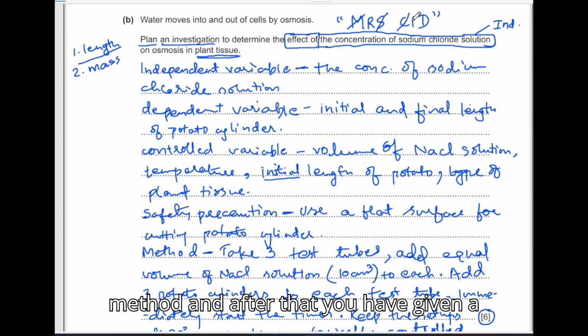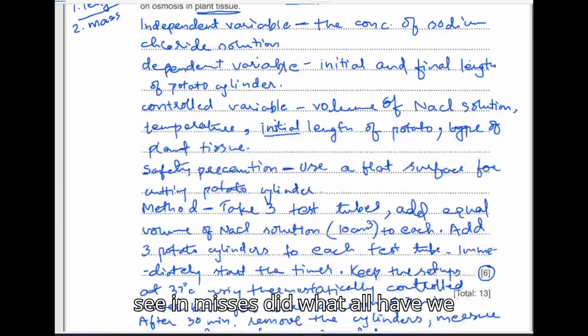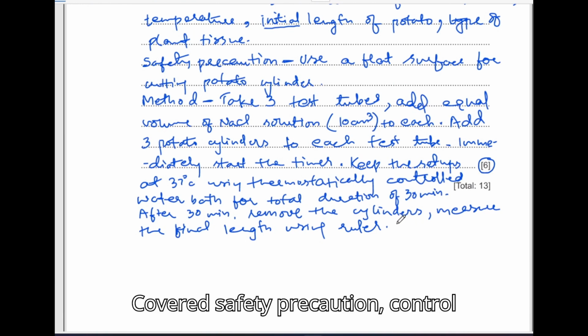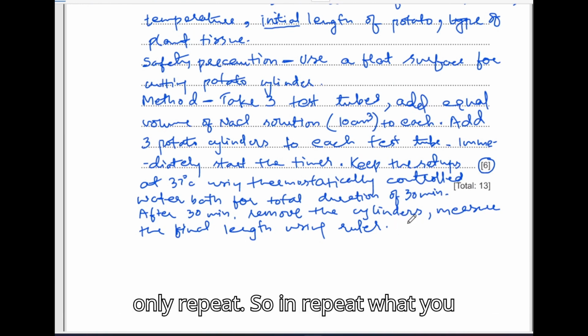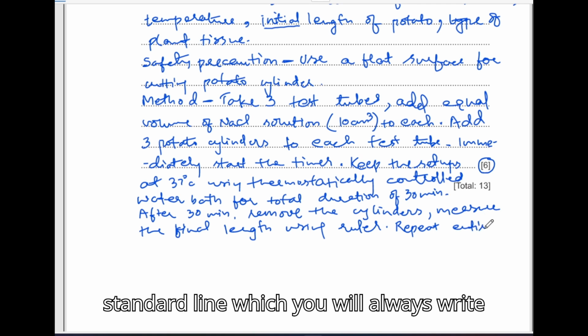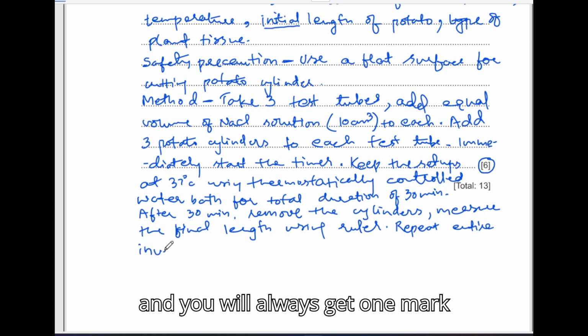And after that, you have given a safety precaution. The final thing, let's see in Mrs CID, what all have we covered? We covered the method, safety precaution, control variables, independent and dependent. Now only repeat. In repeat, what you need to write is a standard line which you will always write and you will always get 1 mark on this.